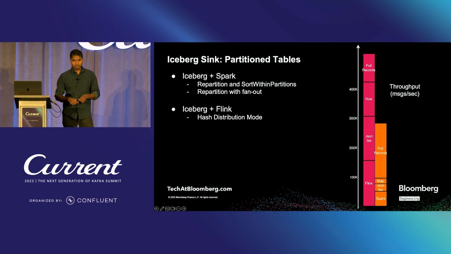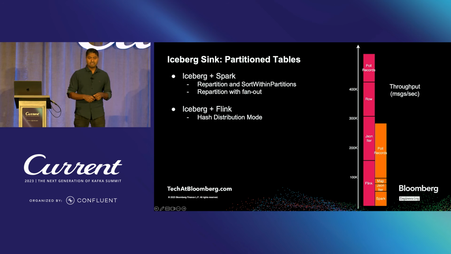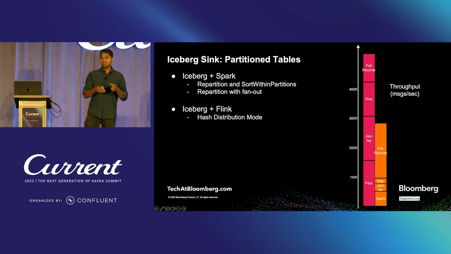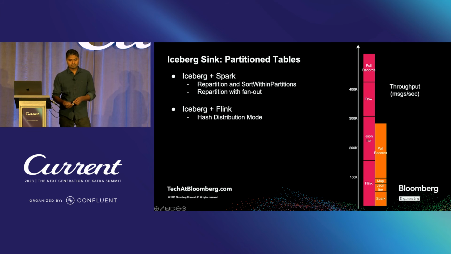So the alternative approach that worked for us is to repartition on one of the Iceberg table partition columns and then fan out for the rest. Iceberg Flink also provides a similar approach, called hash distribution mode, that takes care of shuffling all these records before writing to the table partitions.